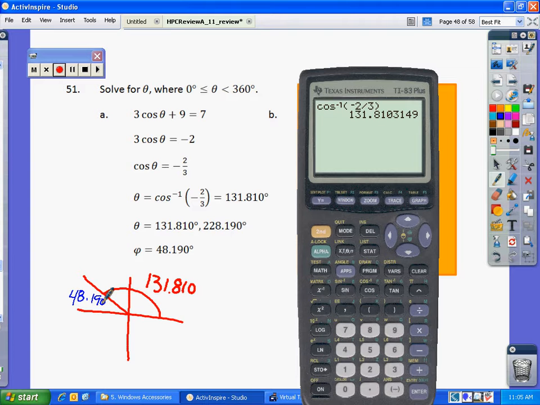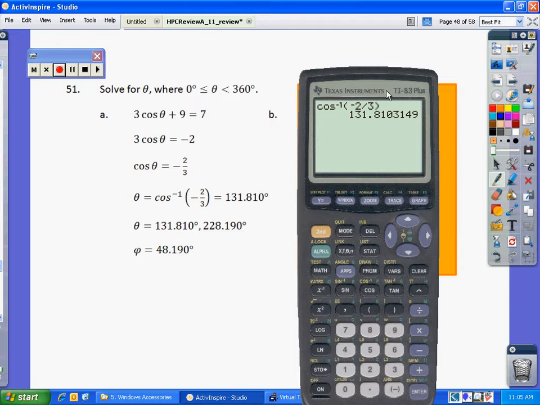Now to find the second angle in the third quadrant, you take 180 degrees plus the reference angle. So that's where you get the 228.190 degrees. All right.